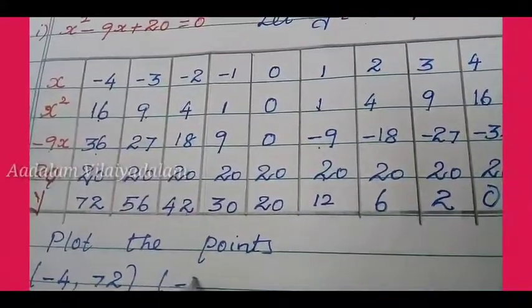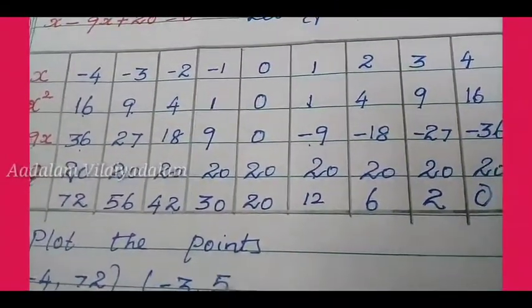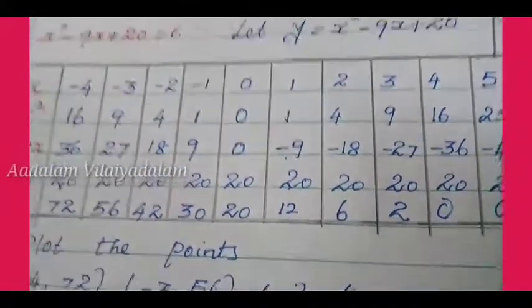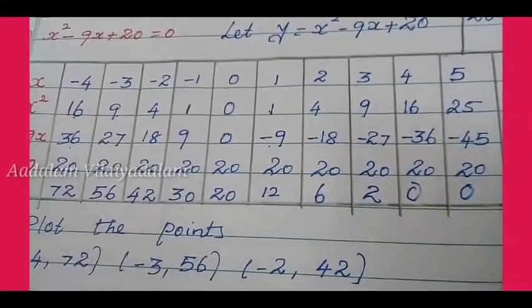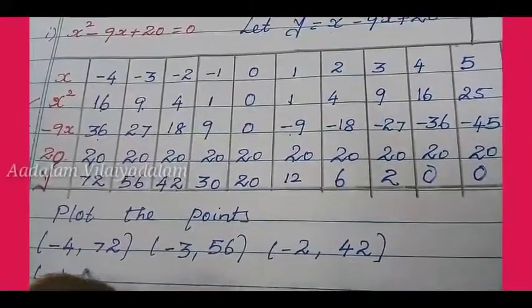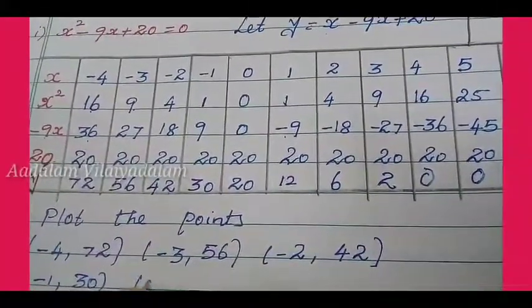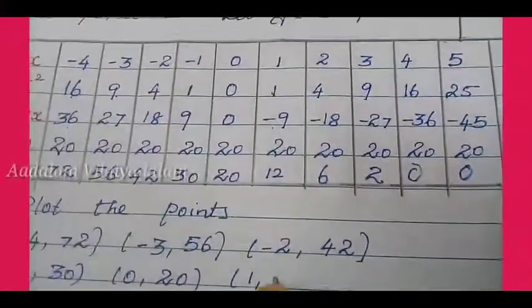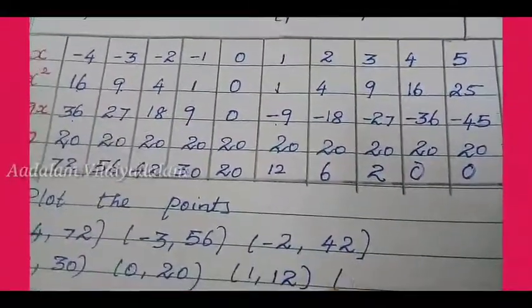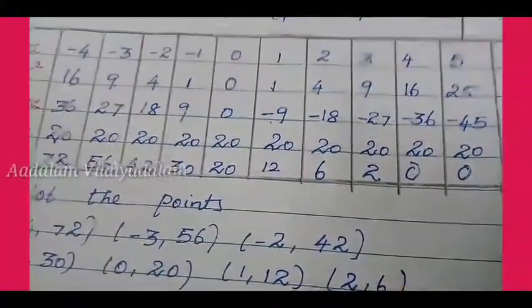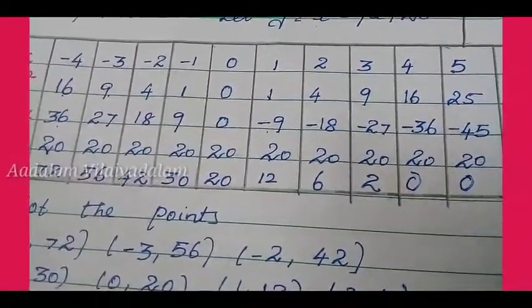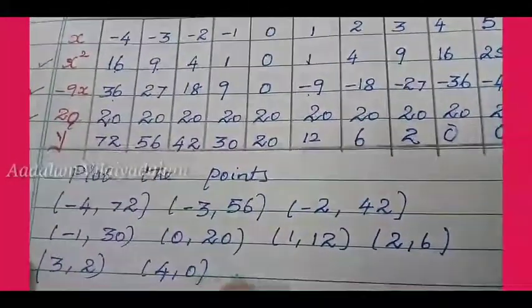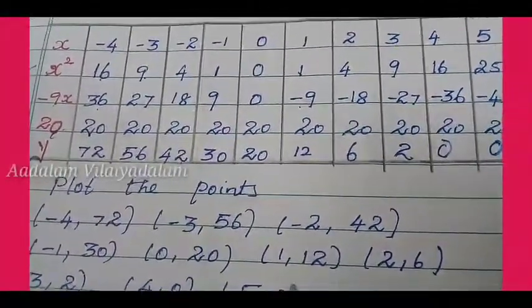The second, minus 3 comma 56, minus 2 comma 42, minus 1 comma 30, 0 comma 20, 1 comma 12, 2 comma 6, 3 comma 2, 4 comma 0 and 5 comma 0.